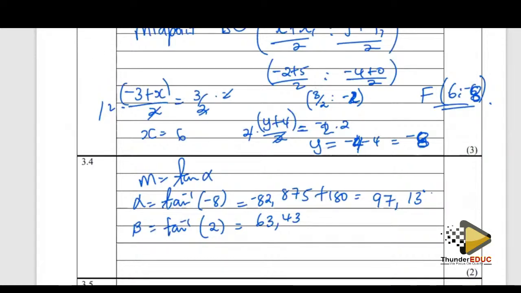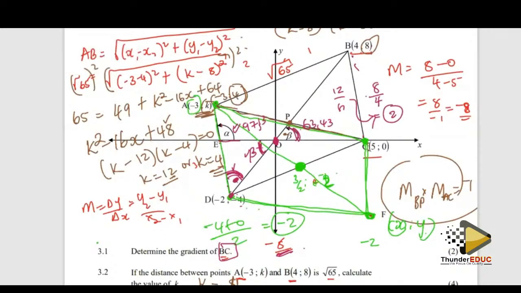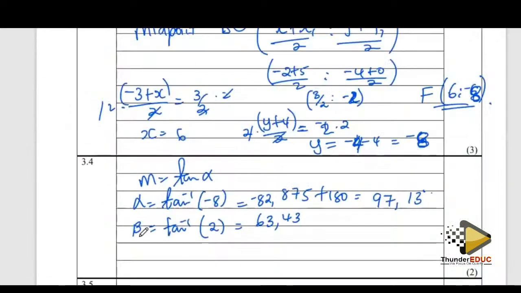So we can just quickly say that for us to get the ADO, ADO will be just the difference between the two, 97.13 minus 63.43. When we subtract that, I'm getting 33.7 degrees. Just that.